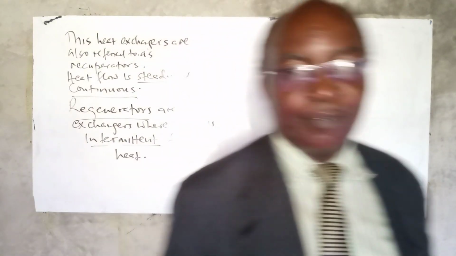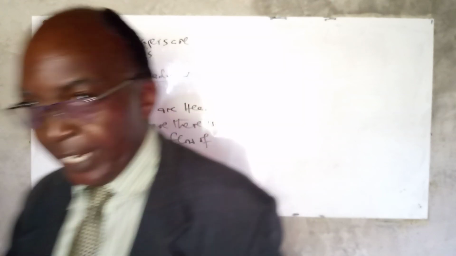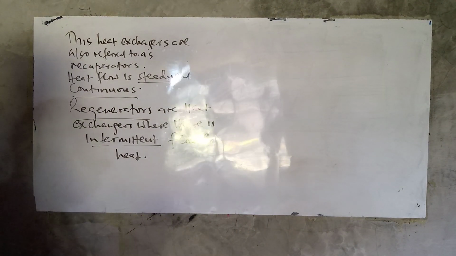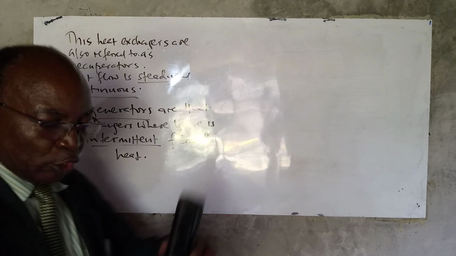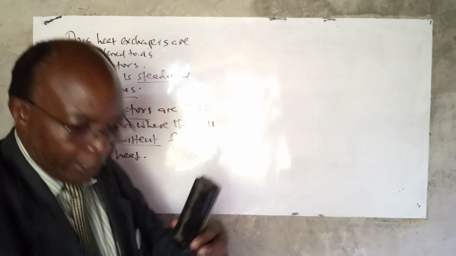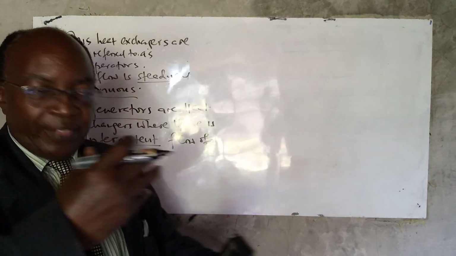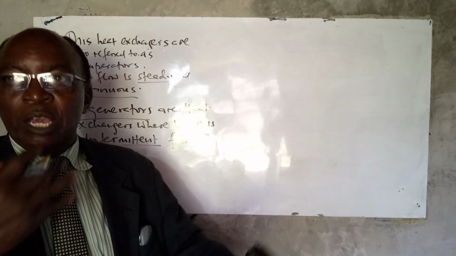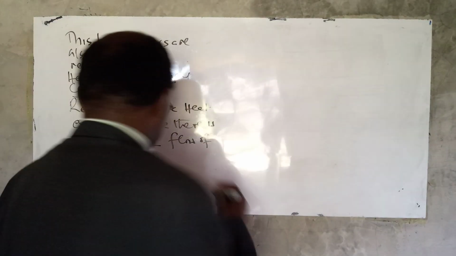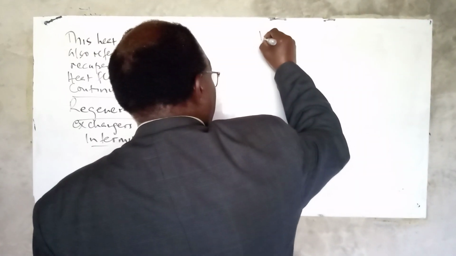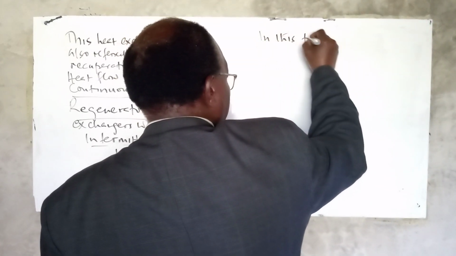And how is this achieved? In these regenerators, this type of heat exchangers, we have a metal matrix which rotates. So it gets in contact with the hot fluid and cold fluid alternately.